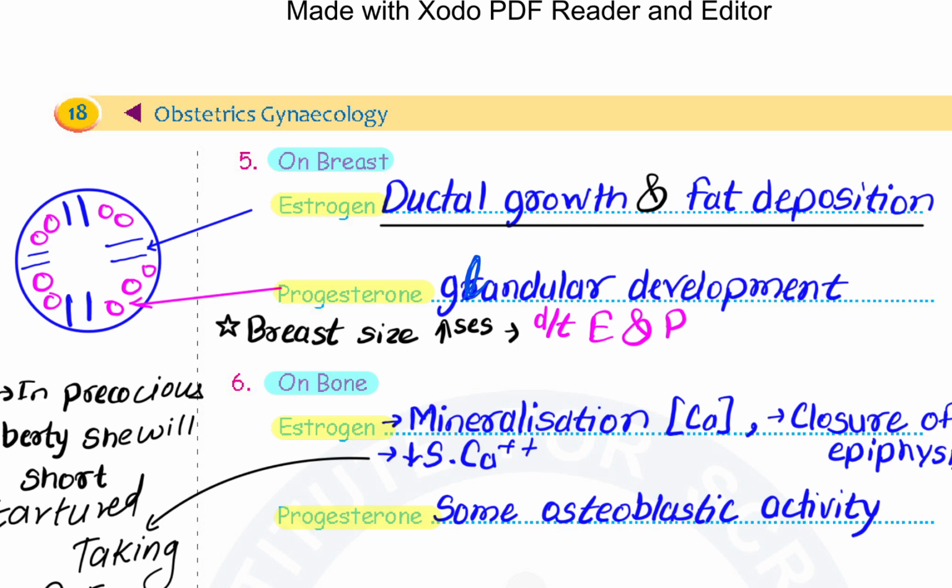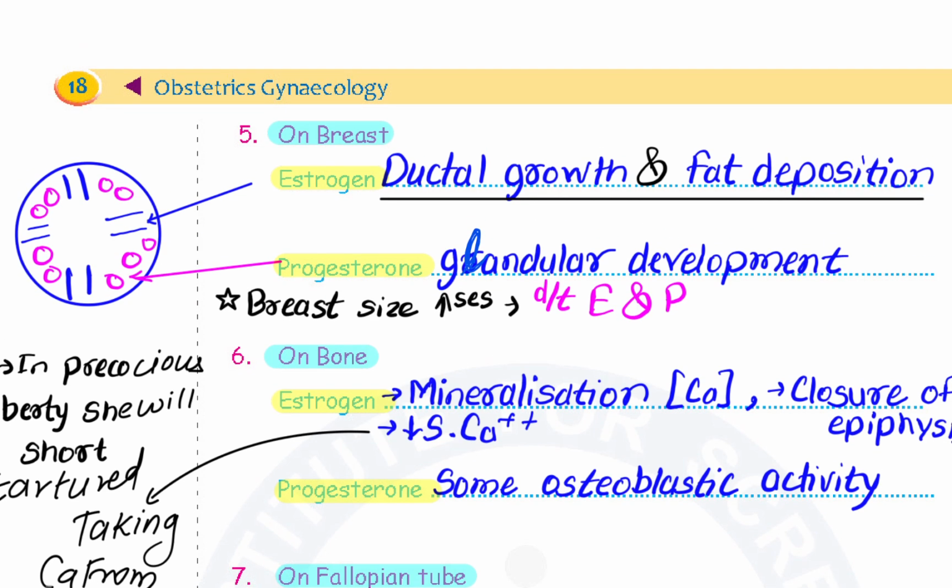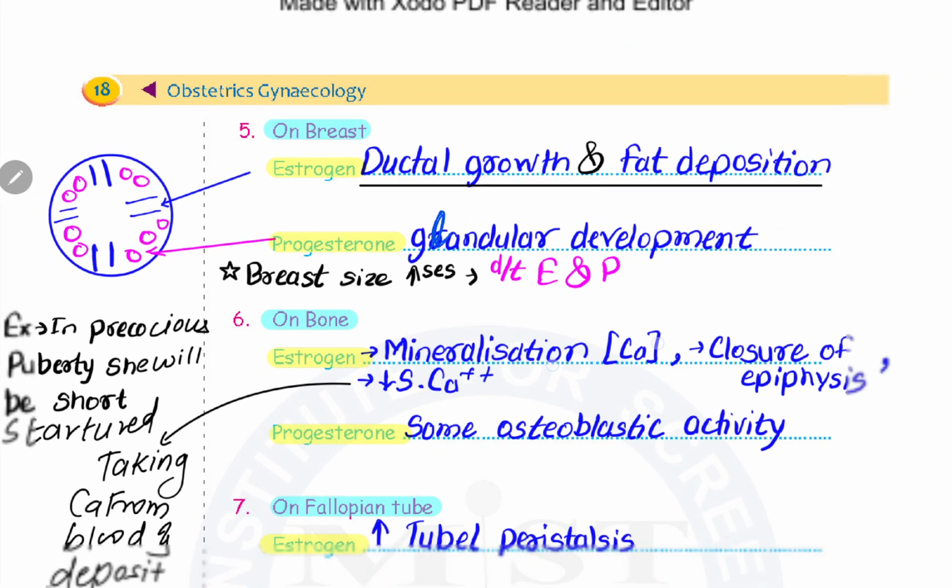We already said that aromatization occurs in women who are more obese and they have more estrogen, so fat deposition is clear. You can get confused between ductal and glandular. So glands secrete, vesicles, all of these are for progesterone, and duct is for estrogen. Now breast size increases due to both estrogen and progesterone, because overall they combine together to increase the breast size.